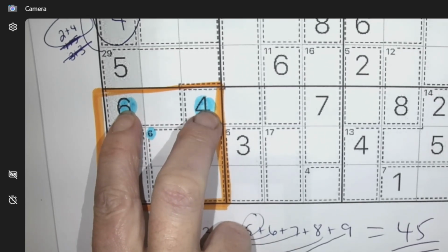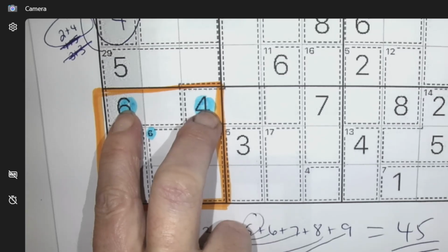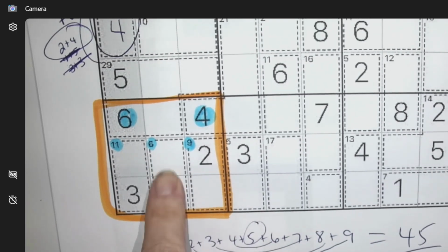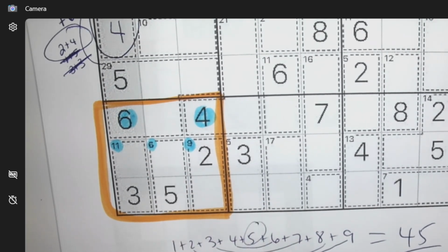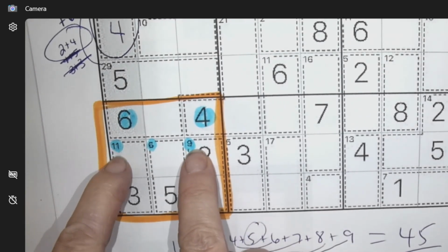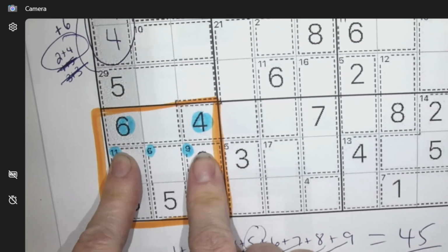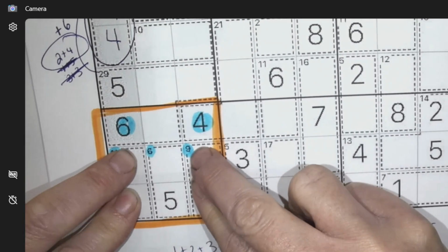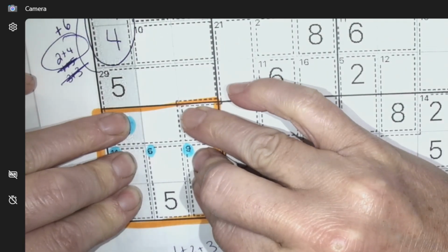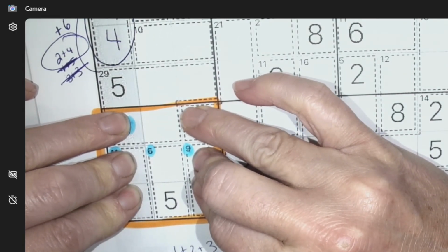And then what's 6 and 4? 10. So now I'm up to 30. No, what? These two. This is an 11 and this is a 9. So that sum is 20. And then this 6 and this 4 make me go up another 10. So I'm up to 30.